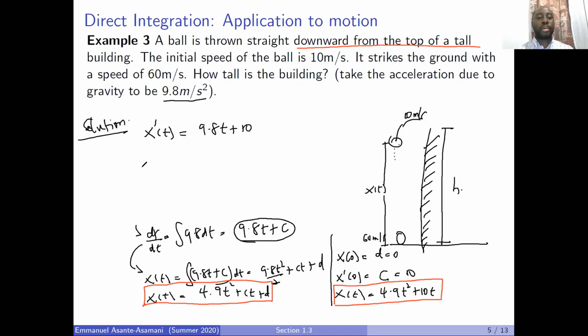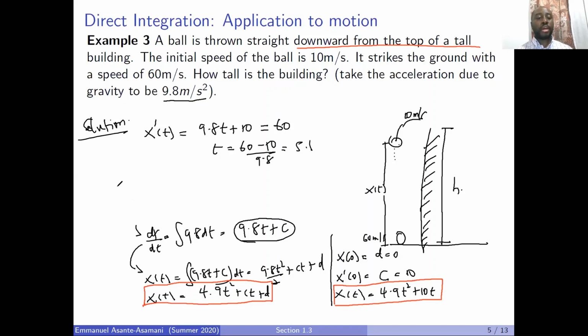Right, and so if I know that the ball strikes the ground when it's moving at 60 meters per second, we can just set this to equal 60 and then solve for t. Okay, so that we have t being 60 minus 10 over 9.8, and that gives us 5.1.